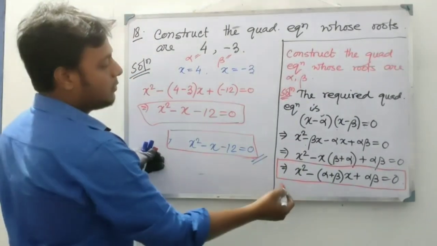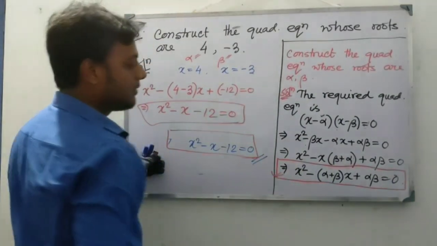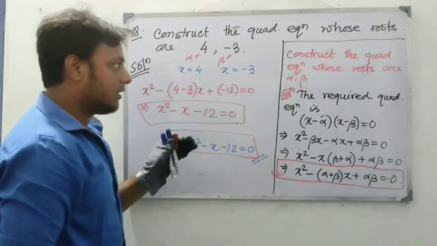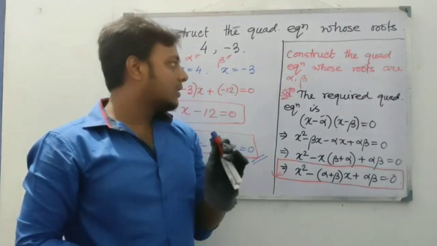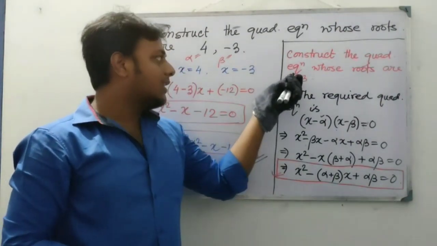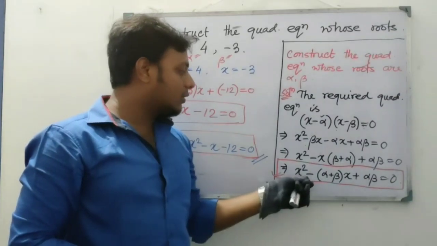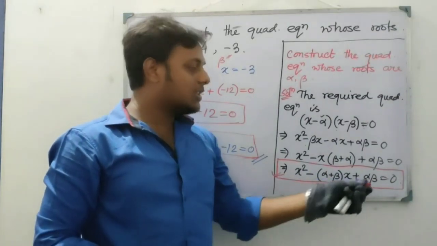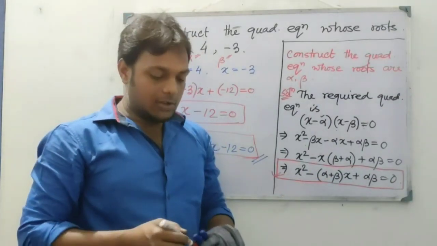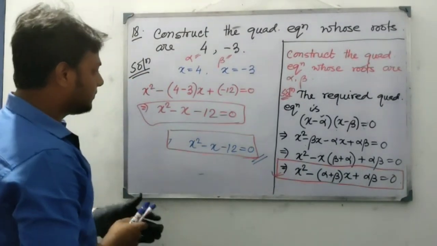Understood? So we have to memorize this line. If the quadratic equation roots are alpha and beta, then the quadratic equation will be x square minus alpha plus beta into x plus alpha beta. And you can memorize it in another way also.